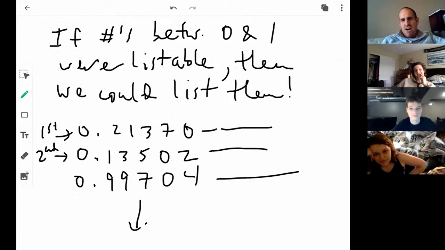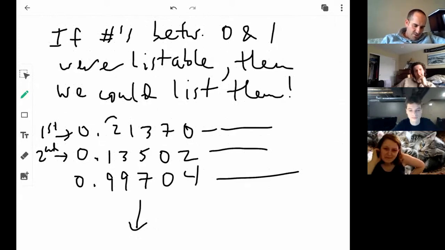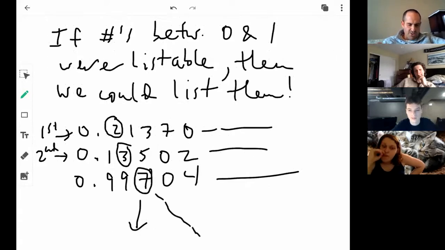Aaron says every number is in this list, and I would say, oh yeah, well, look at this. Look at the first entry of the first number, the second entry of the second number, the third entry of the third number, etc. You go down the diagonal like that.